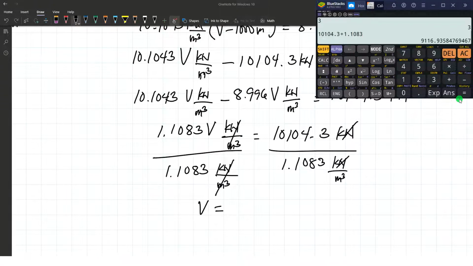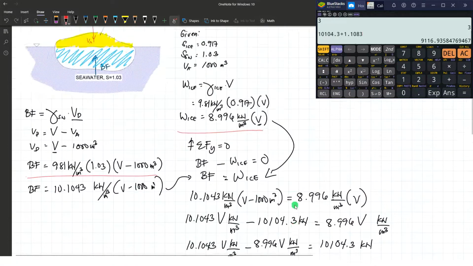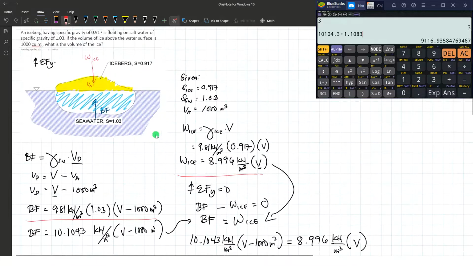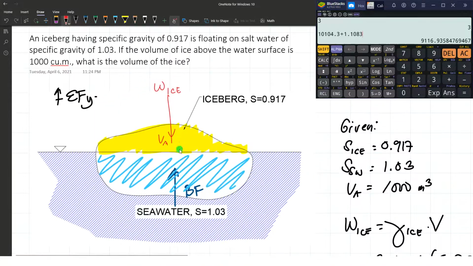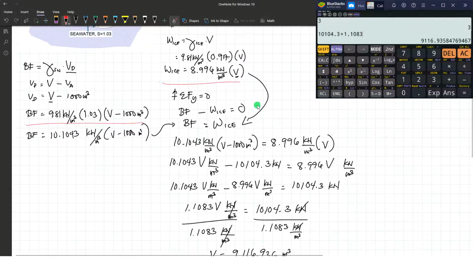Okay, the total volume of the ice is 9,116.936 cubic meters. Okay, so that's how you solve the volume of the ice if we have a given volume which is above the liquid surface.